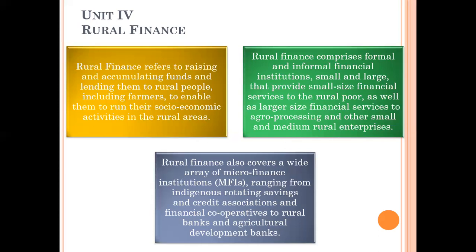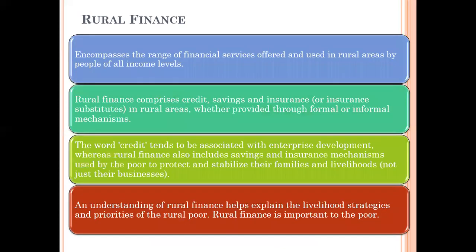So those financial institutes could be large or they could be small. They could be microfinancing institutions, or it could be bank credit, or it could be government or financial cooperatives, agriculture development banks or microfinancing institutes. So all these can provide finance to the rural people.